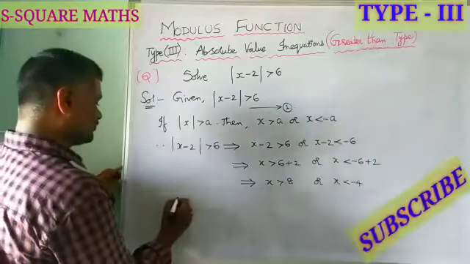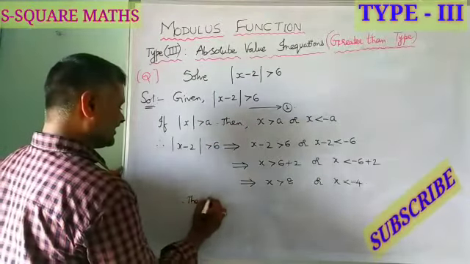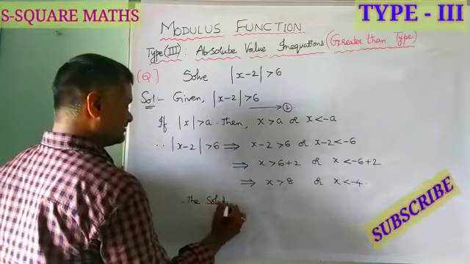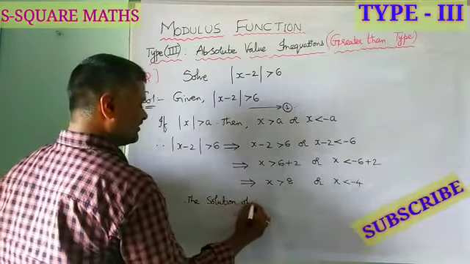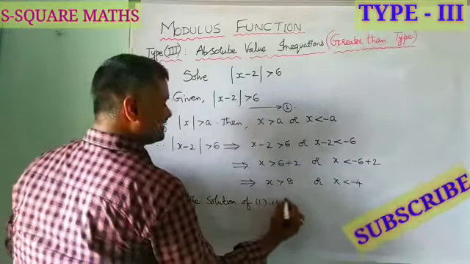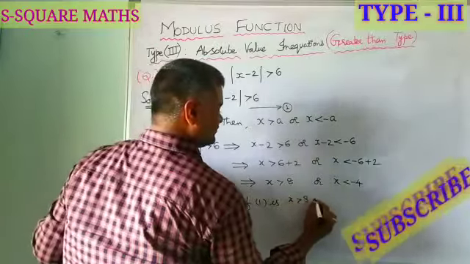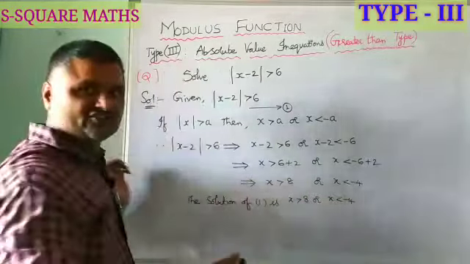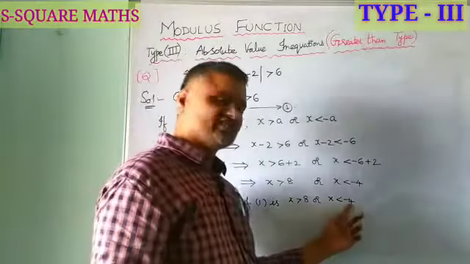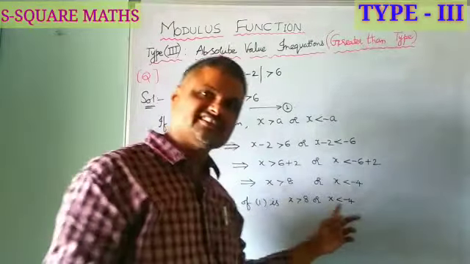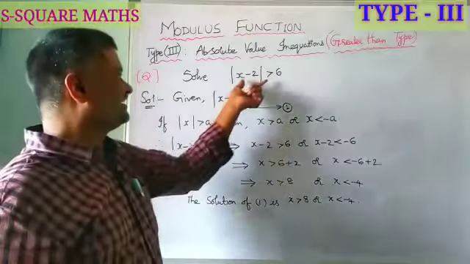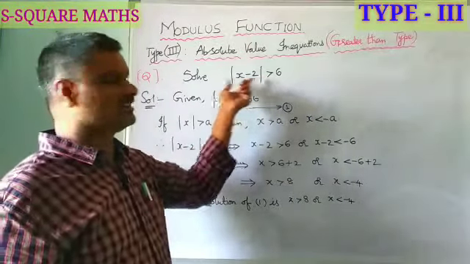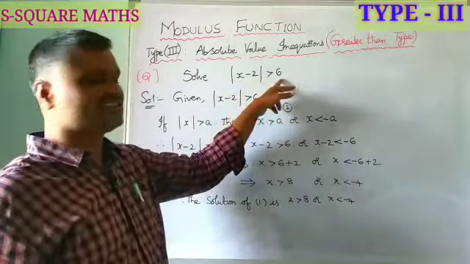So therefore the solution of 1 is x greater than 8 or x less than minus 4. So the values which are greater than 8 and the values which are less than minus 4 will only satisfy the given inequation, nothing but mod of x minus 2 greater than 6.